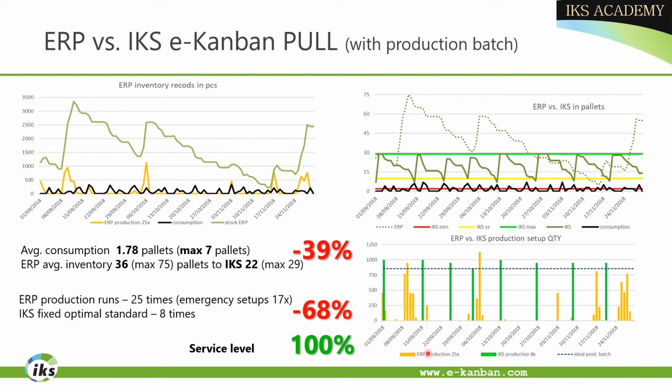You see in the past, the orange one, for a few parts there were changeovers 25 times in one quarter for one item, and we have reduced this to only 8 times. So it's the ideal process to standardize your resources, energy, and capacity through the production.